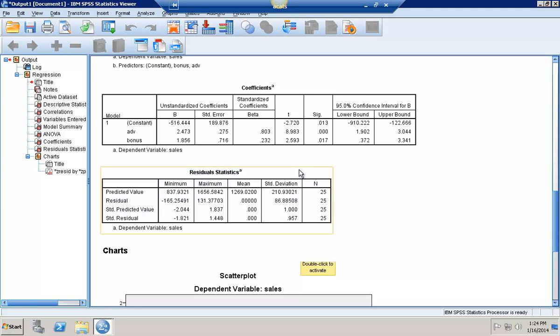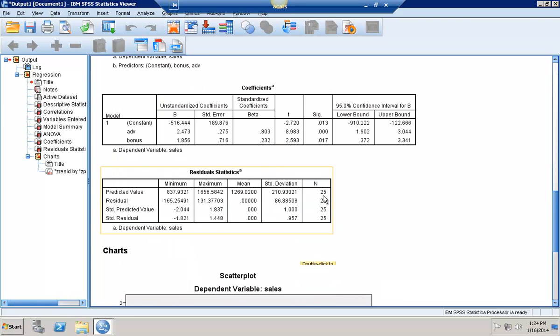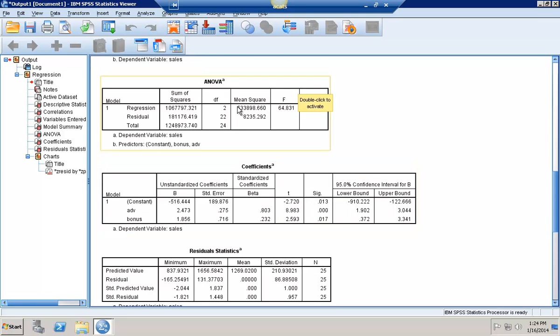Just glancing over at other tests that are discussed. To do the full and reduced model comparison, what I would need to do now is look at the sum of squared errors. So I'm going to go back into my ANOVA table. In order to conduct my partial F test, I need to look at SSE.